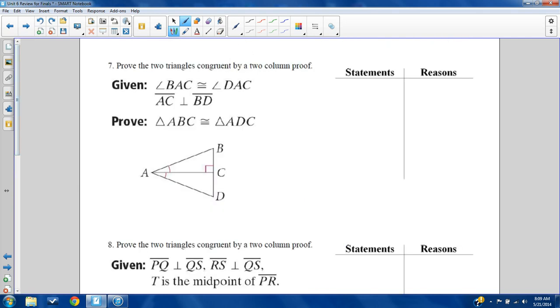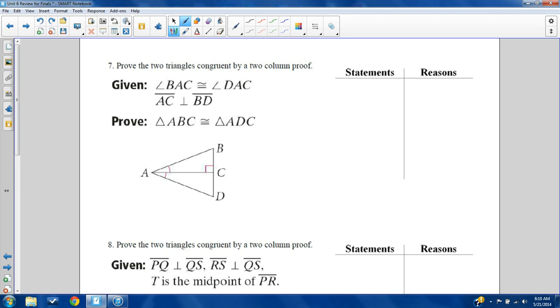Moving on, number 7. We are given the angle BAC is congruent to angle DAC. And again, it was very nice of them to draw your angle relationships there instead of making you do it. This is the one where they're very nice. AC, segment AC is perpendicular to segment BD.